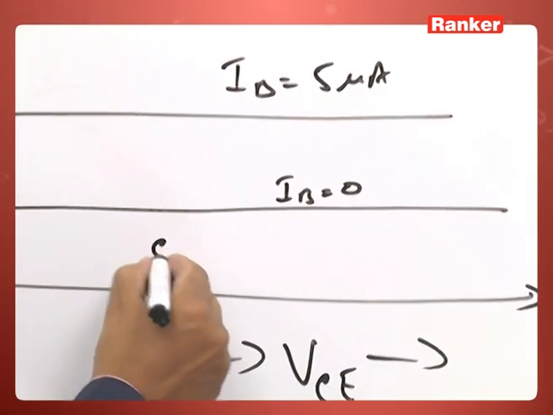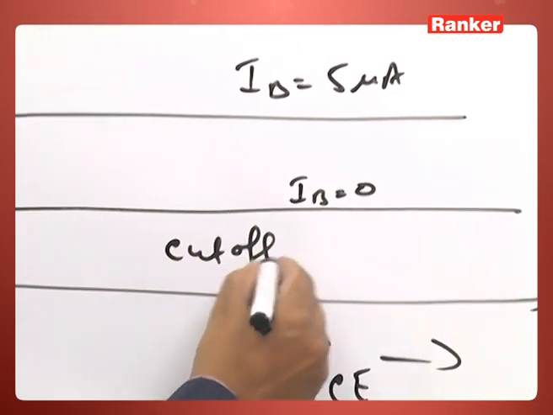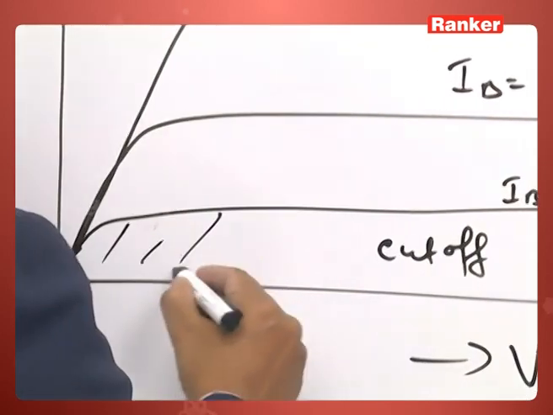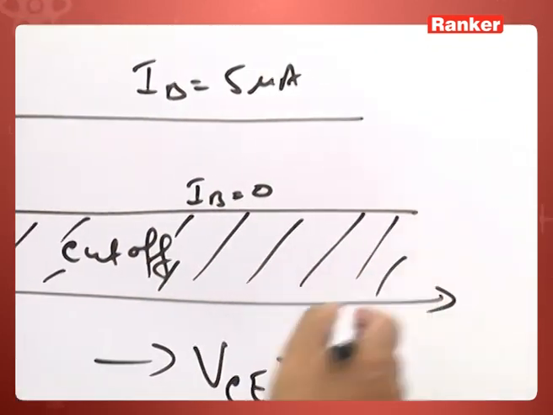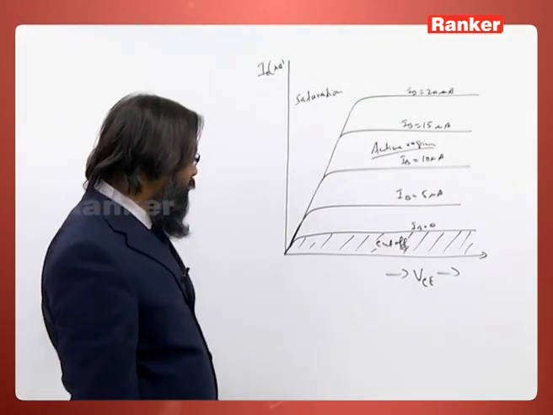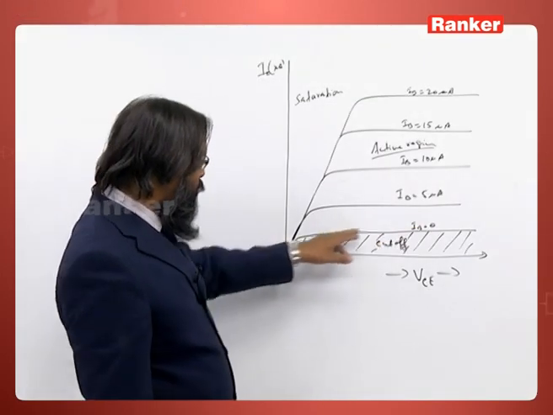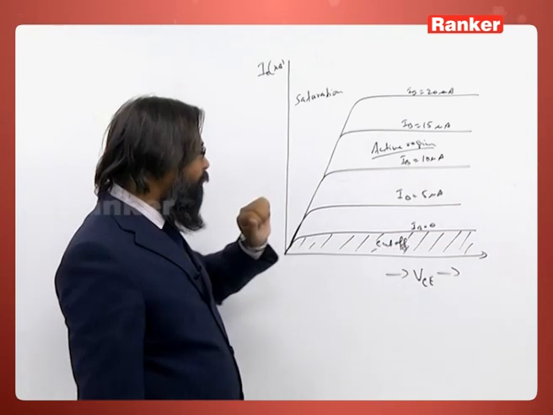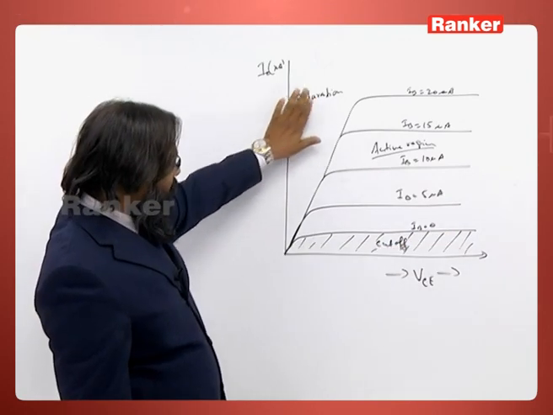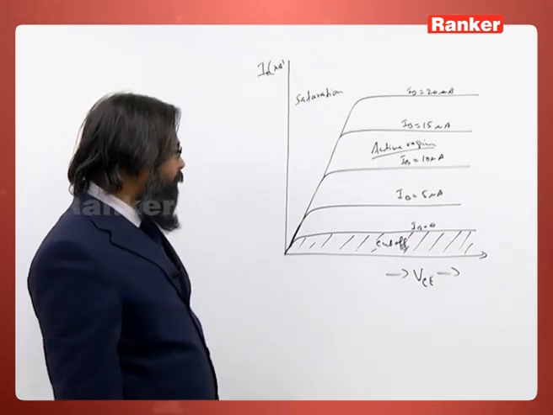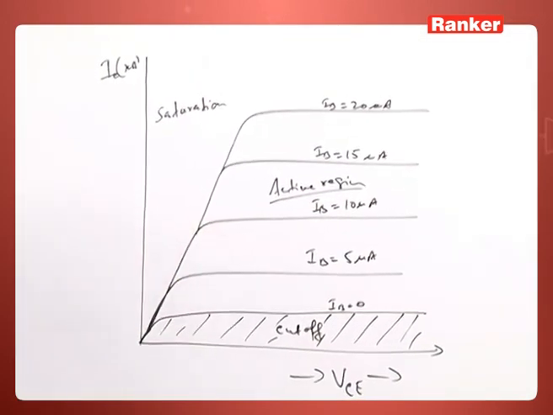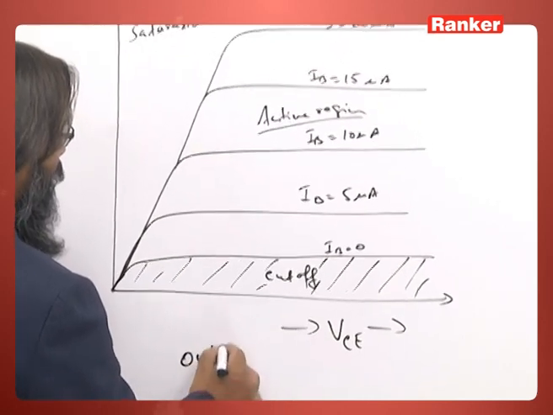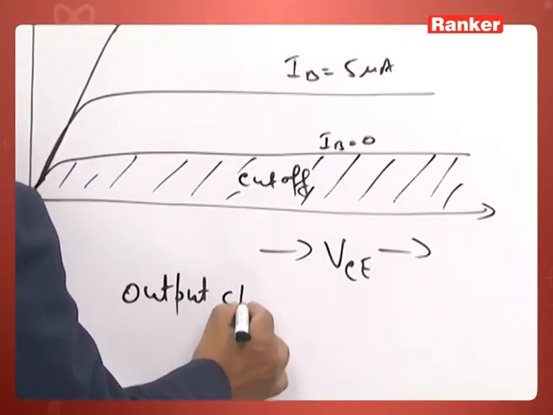That means in this region both the junctions will be reverse biased. So, there will be 3 regions like this. Now, this is the output characteristic.